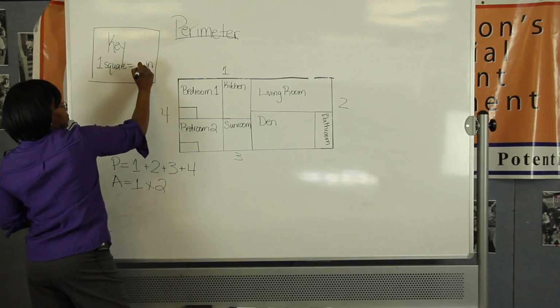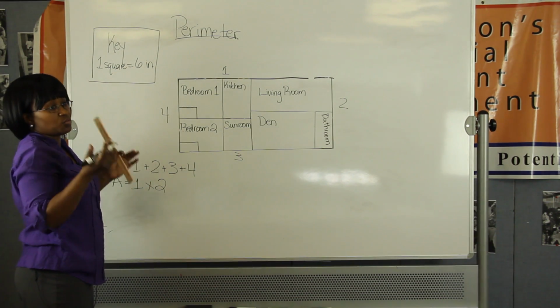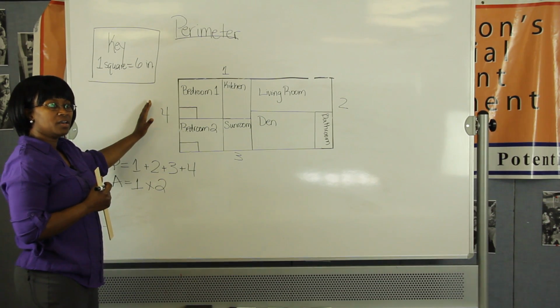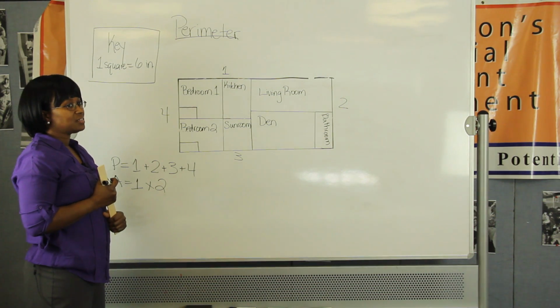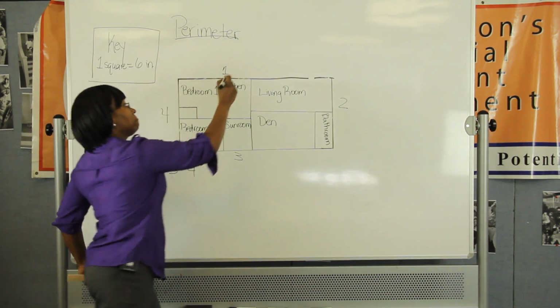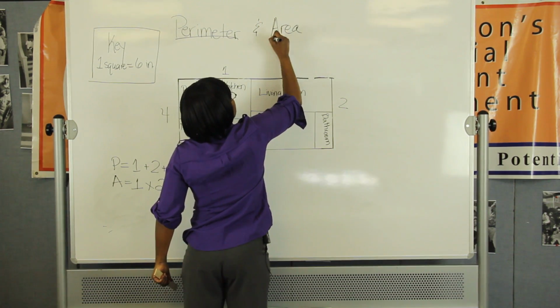If it's 1 square equals 6 inches, then do that. If it's 1 foot, do that. So when somebody's looking at your drawing, they'll know it is drawn to scale. And that is how you do a floor plan using perimeter and area.